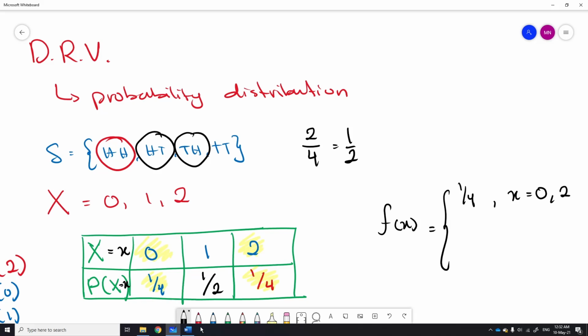The function is equal to 1 over 2 when x is equal to 1. When x is equal to 1, the function comes out as 1 over 2. Then we have 0 otherwise.